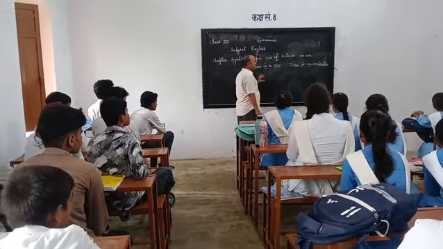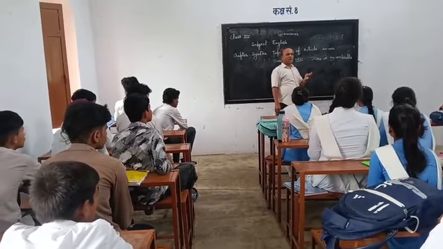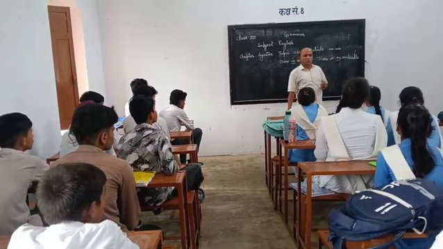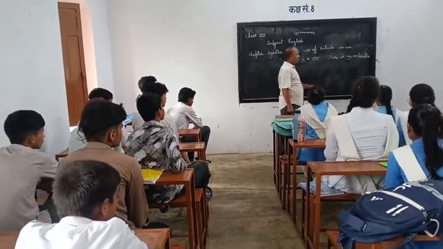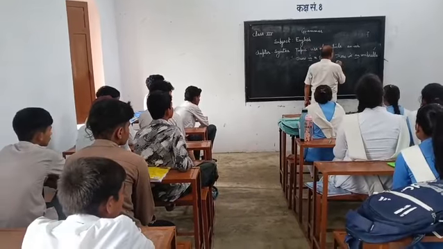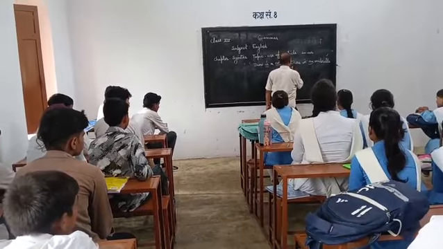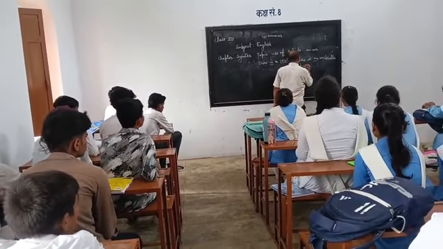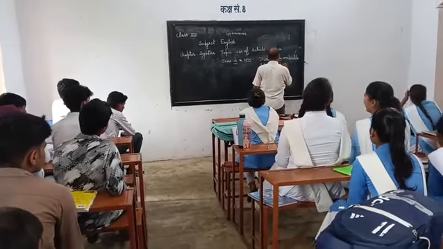In the same way, as you have seen, there are five vowels. A, you use here. Then come on to the next. I have a pen.